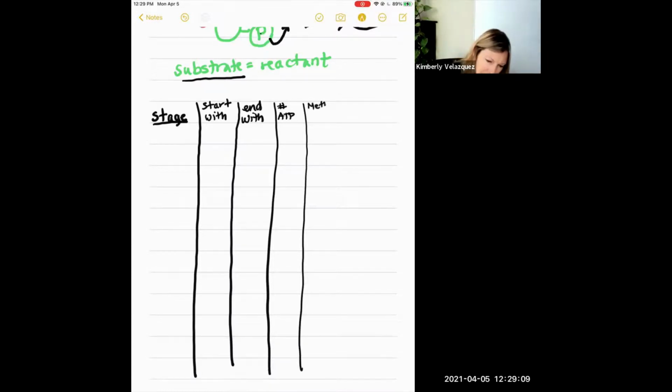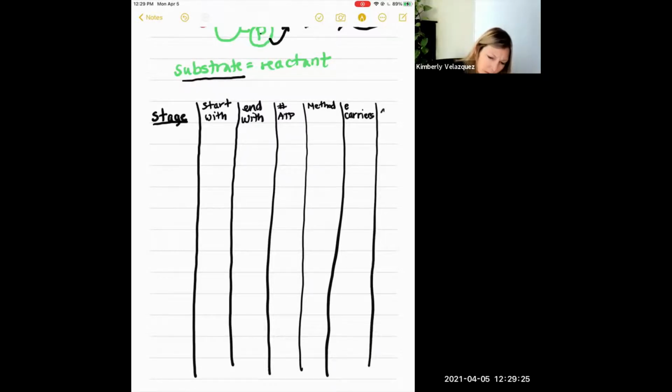Method of ATP production. Electron carriers, I'm just going to call them E carriers. And CO2. Okay, I only have 4 stages, but I have a feeling I'm going to have to write below the line. Sorry, I know this is really messy, but I promise this will help summarize everything.